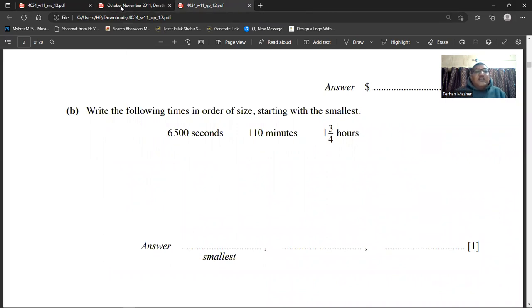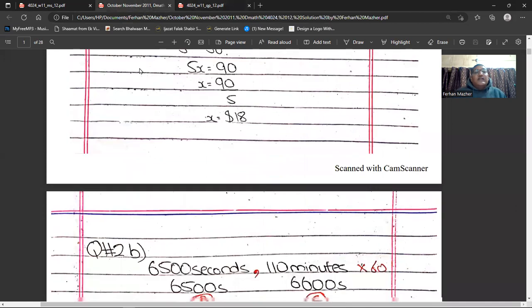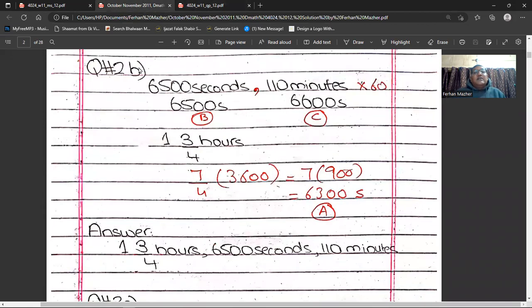My suggestion is convert all of them into minutes, that will be easy. Or you can convert all of them into seconds, that will also be easy. So it's up to you what you want to do. Here in the solution, I have converted all of them into seconds.